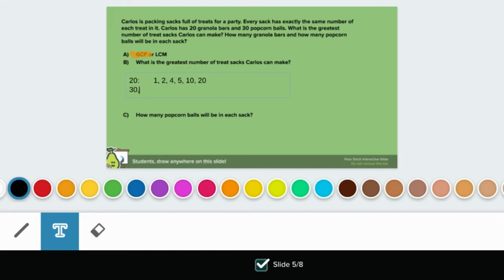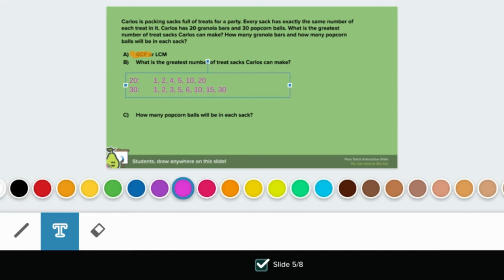And then for 30, my factors are 1, 2, 3, 5, 6, 10, and 30. Oh, I'm missing 15. So 15 and 30. What's the largest number that's the same?